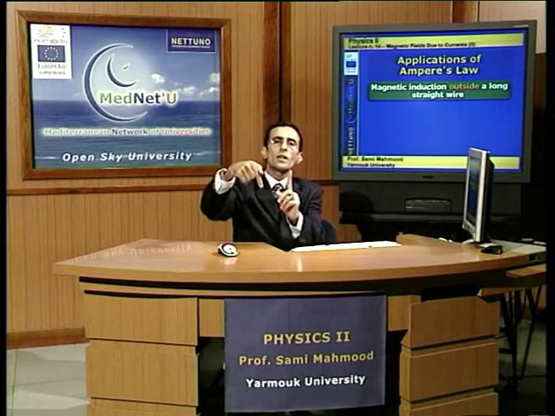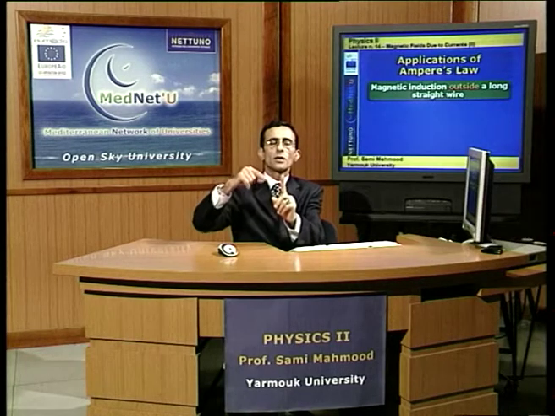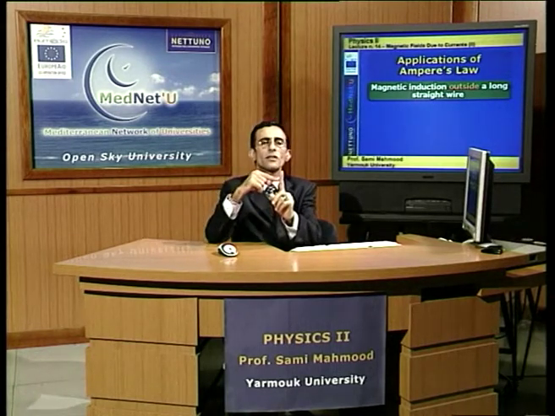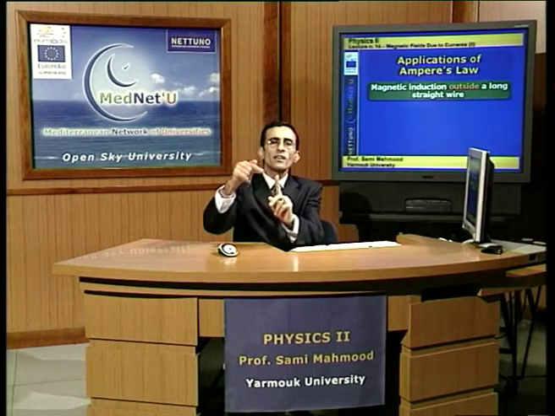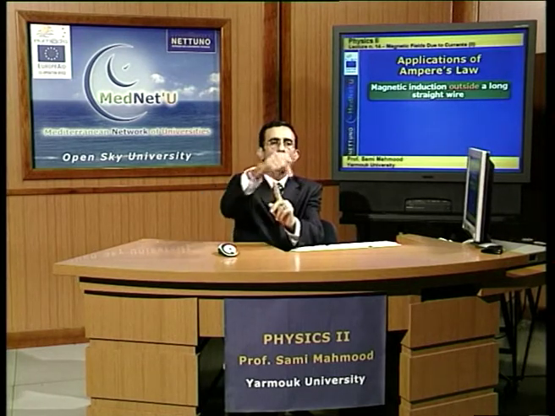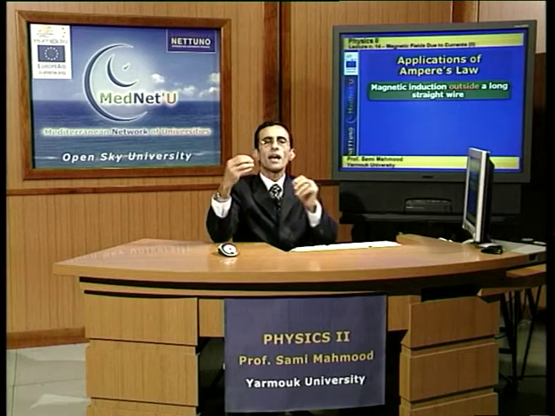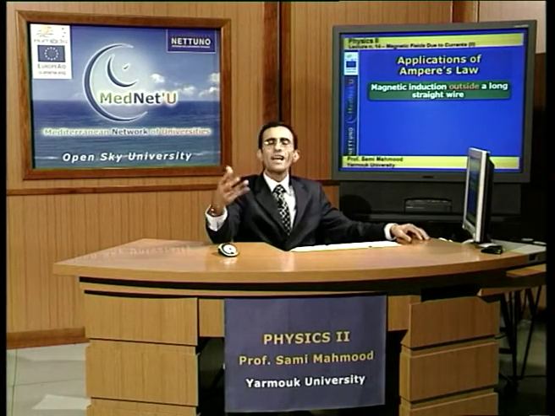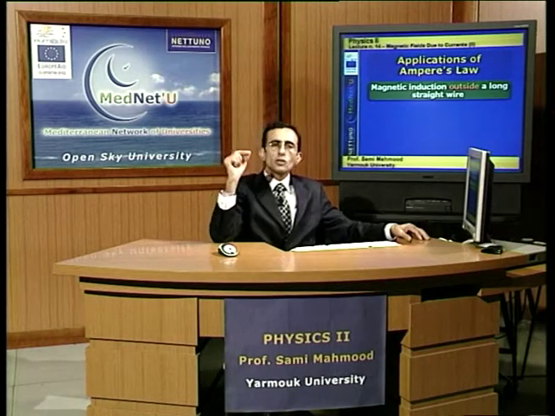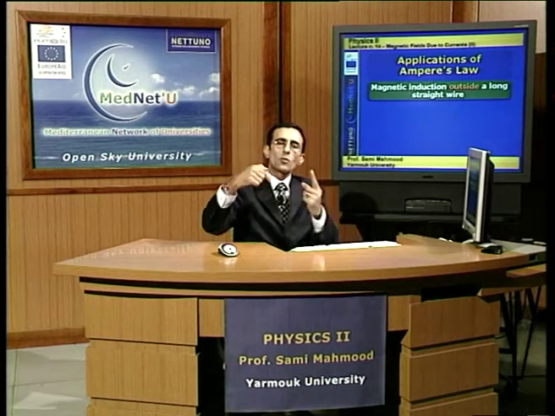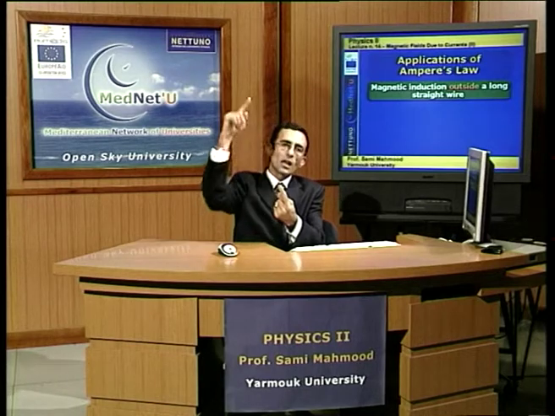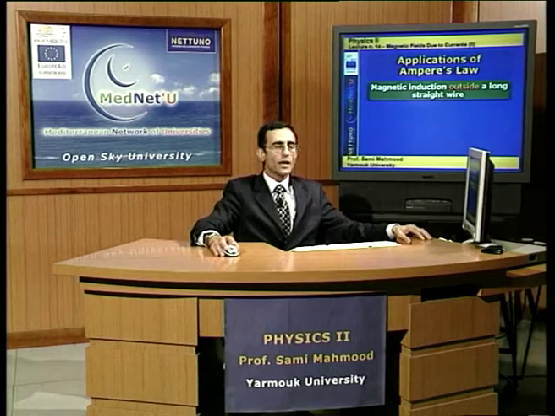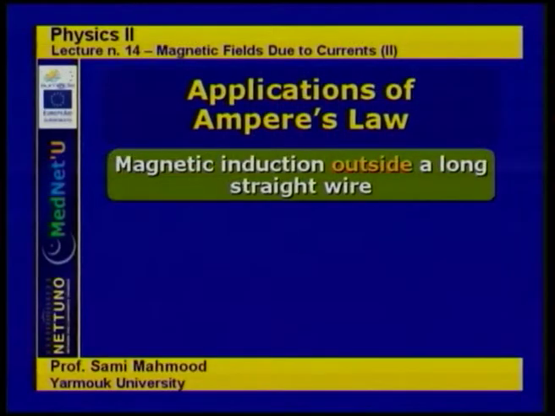So if we draw a given circle around the wire, where the wire is the axis of that circle, the magnetic field at all points on that path has the same magnitude. So in that case, we can use an Amperian path around a long straight wire carrying a current.